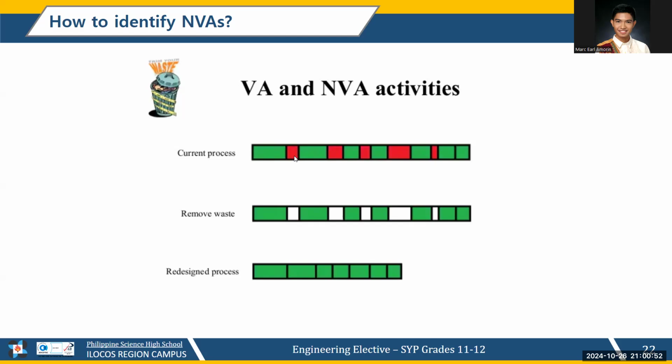Now, if we can identify all of these wastes and we can eliminate or just reduce them, then we can redesign the entire process. So if the length of this box represents the total cycle time of the process, then in the redesigned process, we can shorten the cycle time.